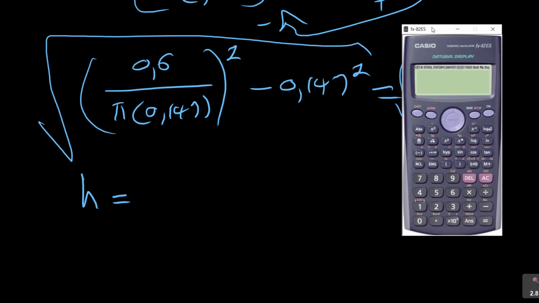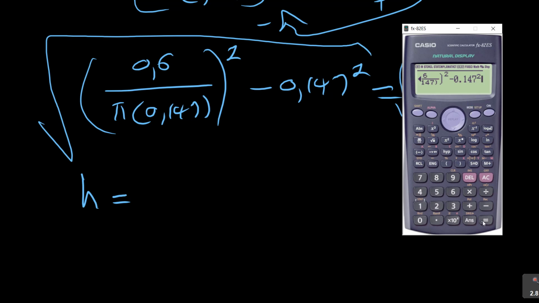When I'm saying use a calculator last, say square root of, and then bracket, that's when you put a fraction, and then say 0.6 over shift pi bracket 0.147, and then close that bracket, and then close and square, minus 0.147 squared.